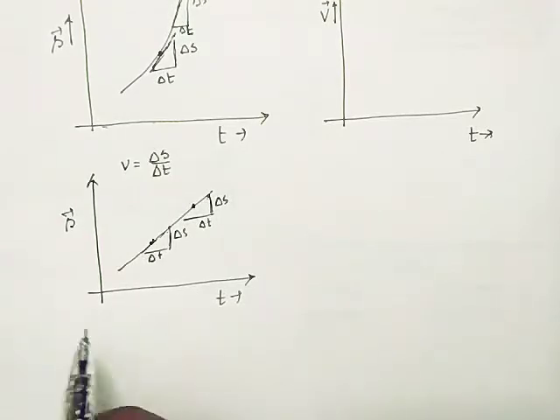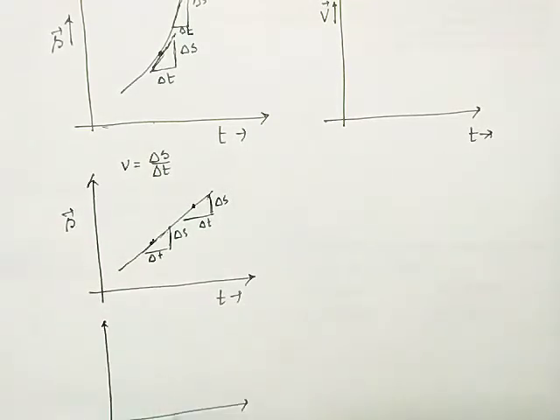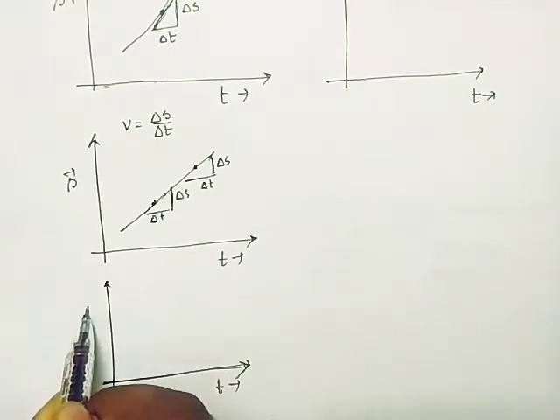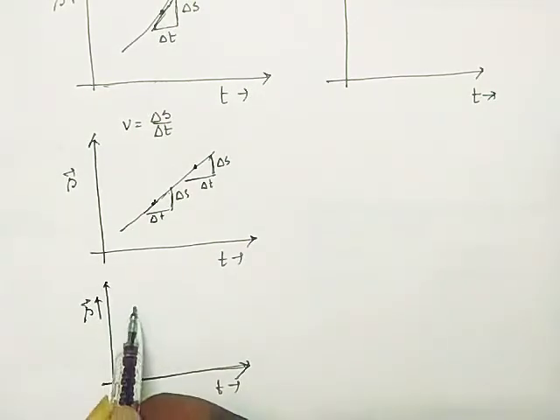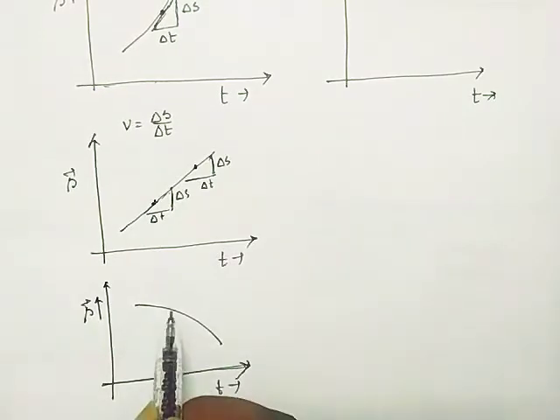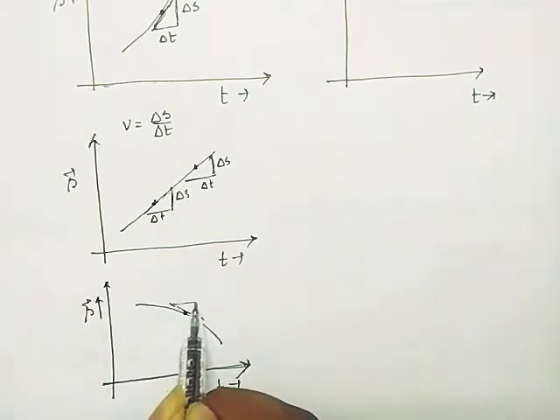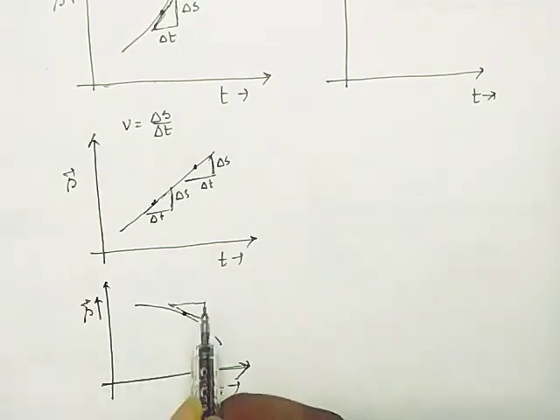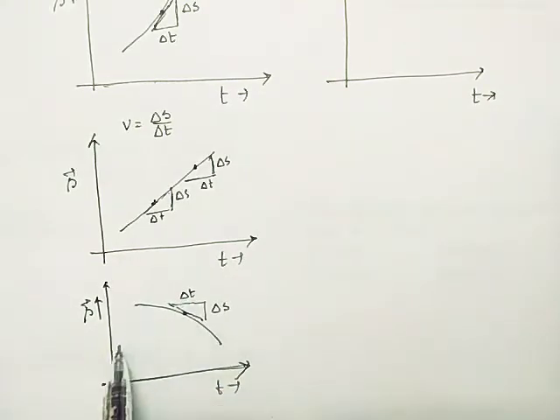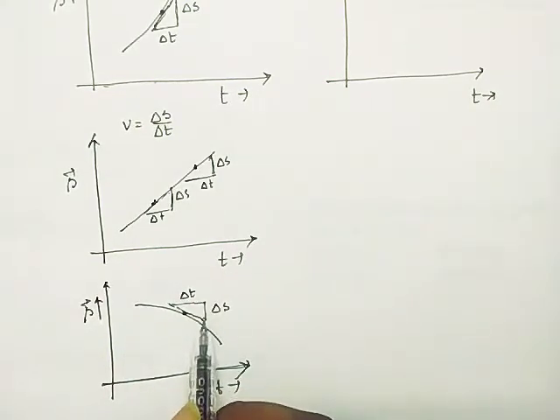Now if this is the S versus T curve, with T and S axes, and it is coming down just like this, then if I take this point, this is the del S and this is the del T, but the del S is in the reverse direction.